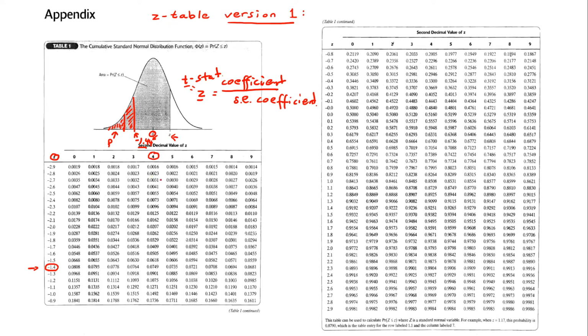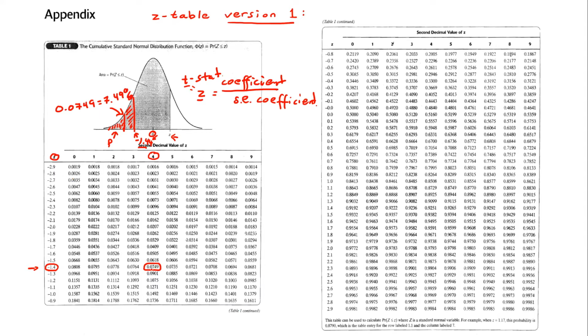Then you just find this number, which is 0.0749, which means that the probability, the area here, is 0.0749, which is equal to 7.49%.